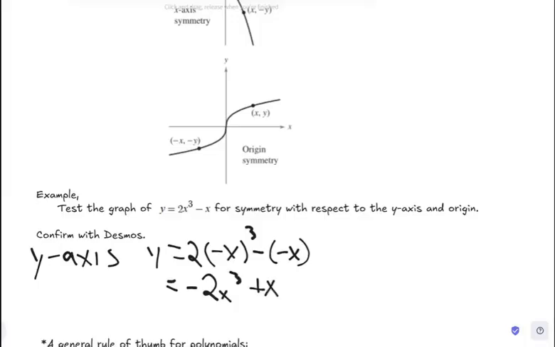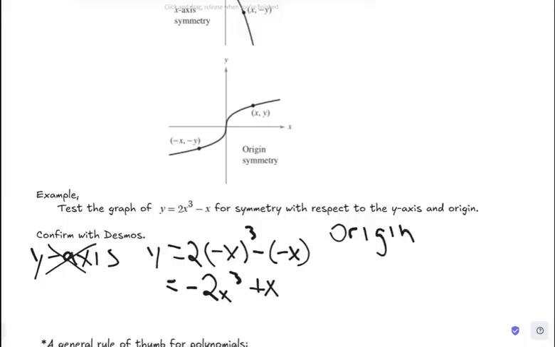So when we simplify this, it is not the equivalent equation, so it is not symmetric with respect to the y-axis.